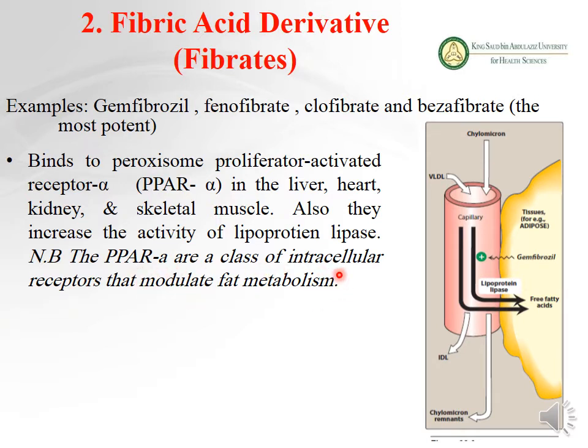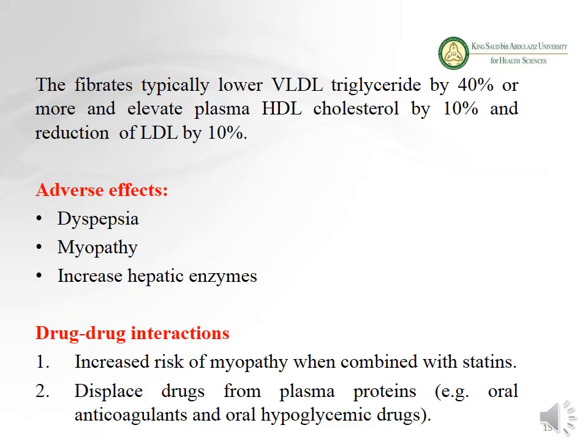So on the one hand, they increase the uptake of fat into these organs, where it is metabolized. On the other hand, it also increases the lipoprotein lipase activity and causes the uptake of fatty acids into the adipose tissue. So that's how it can decrease the level of cholesterol in the blood.